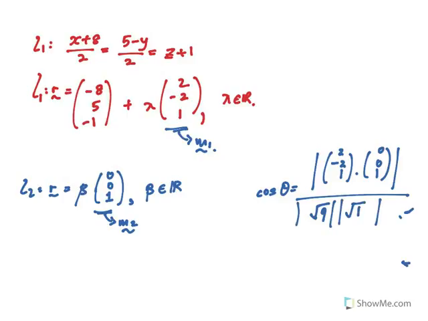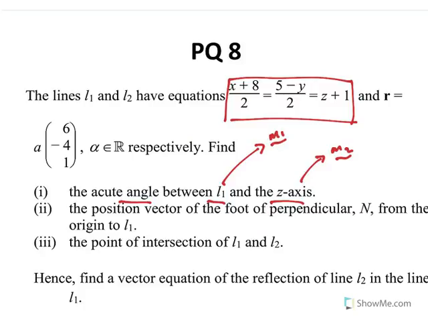Our answer gives 1/3. This means cosine theta equals 1/3, and theta is 70.5 degrees. So that is for part A.